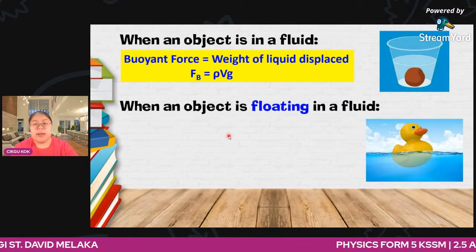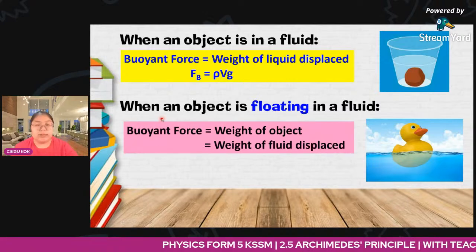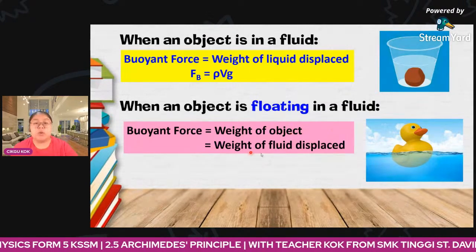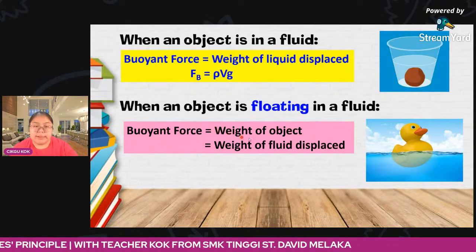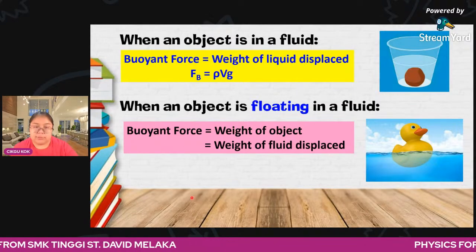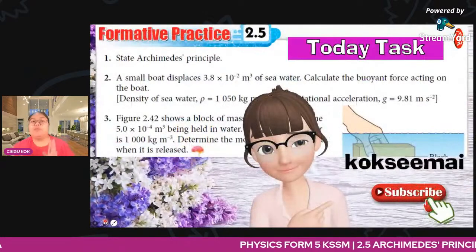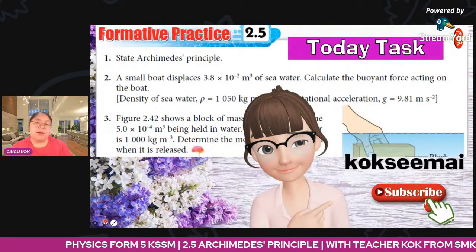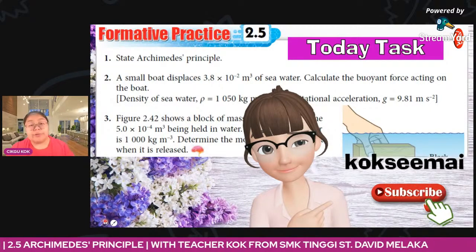Floating means we need to add one more equation: the buoyant force equals the weight of the object and also the weight of the fluid displaced. So remember, when floating, you need to add the weight of the object. This is what I wanted to present about the Archimedes principle when objects are floating. So remember, when they are floating, you must include the weight of the object.